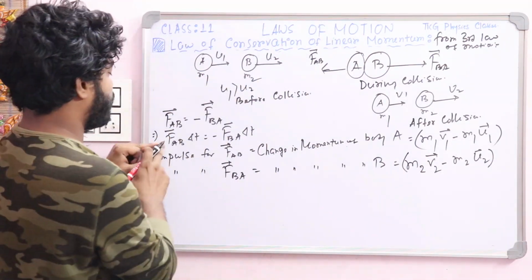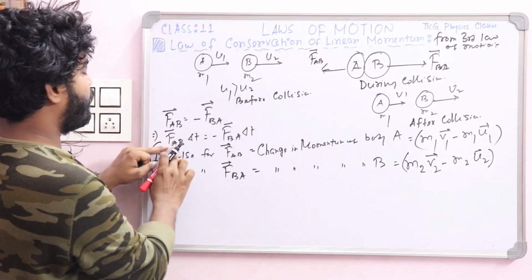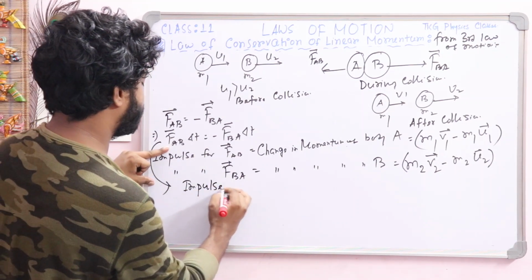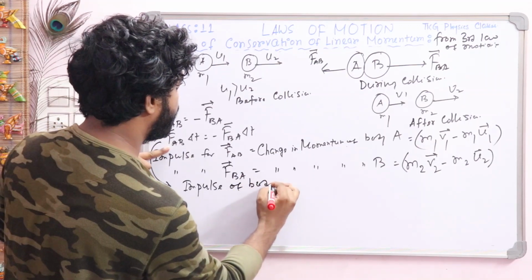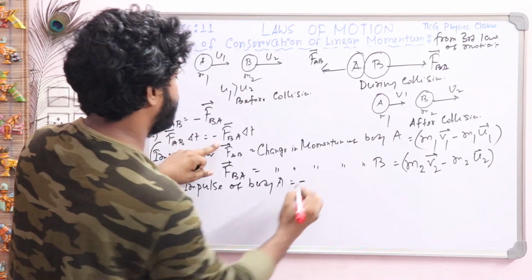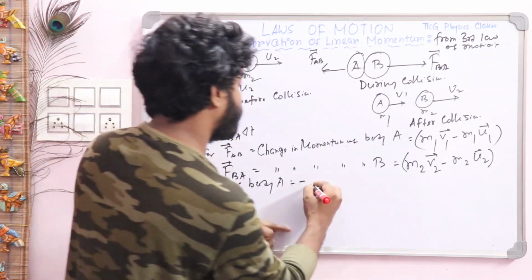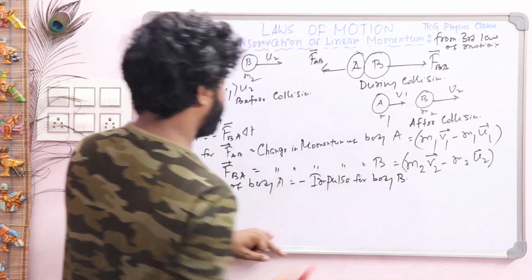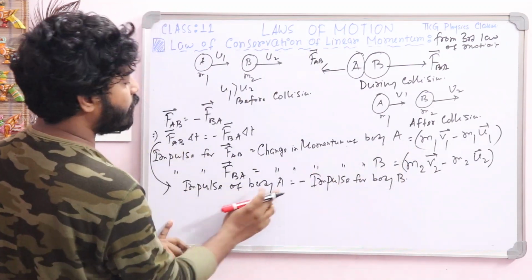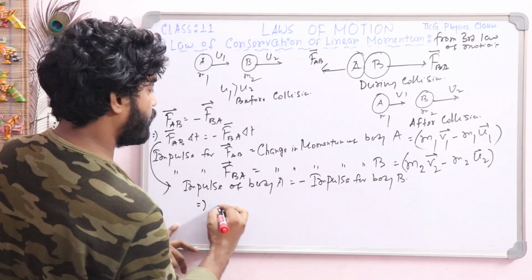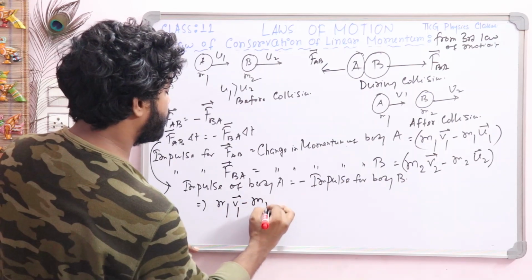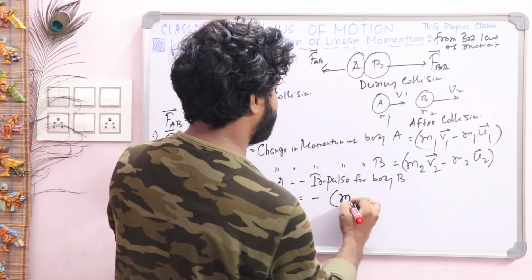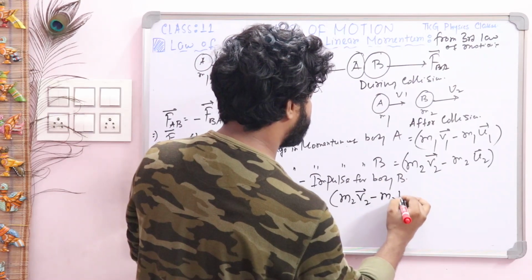Now we use this condition. You see here, FAB into del T is the impulse of body A, and that is equal to minus FBA into del T, force into time interval, which is also the impulse for body B. Now use these values: impulse for body A is m1 v1 minus m1 u1, which is equal to minus of the impulse of body B, that is minus of m2 v2 minus m2 u2.